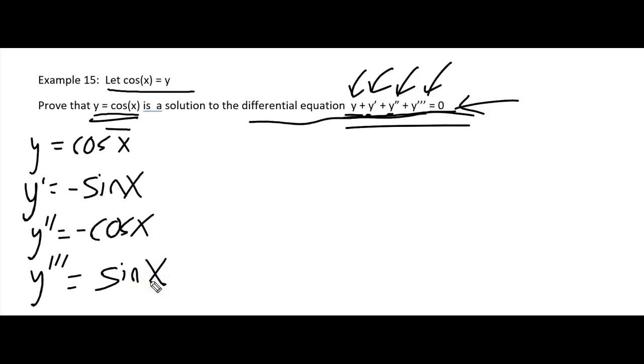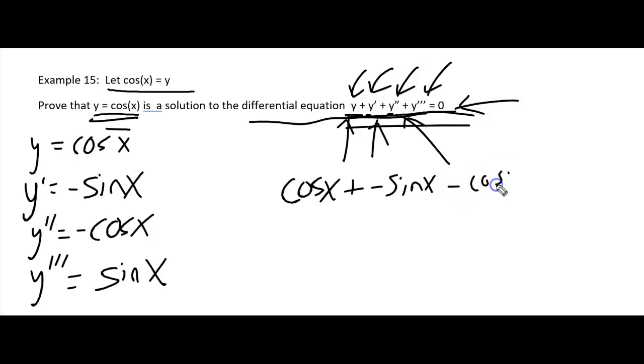So if I plug all these in, I'm going to replace y with cosine x, y prime with negative sine x, y double prime with negative cosine x, and y triple prime with sine x. And the question is, does this make 0?